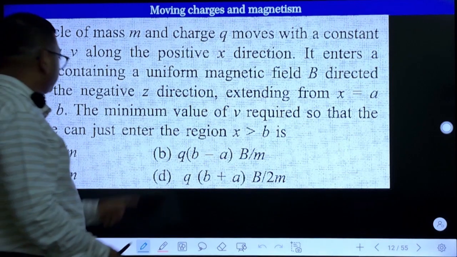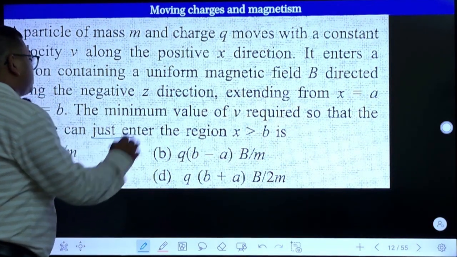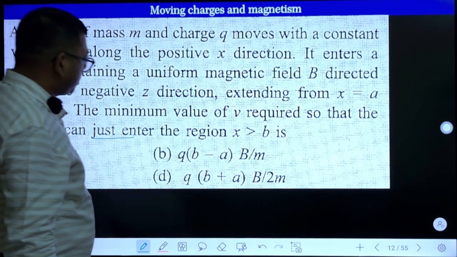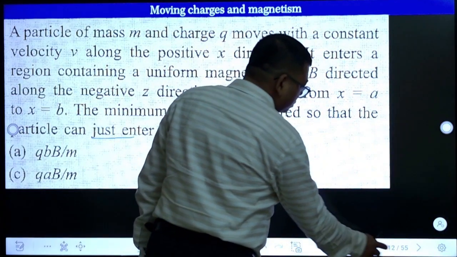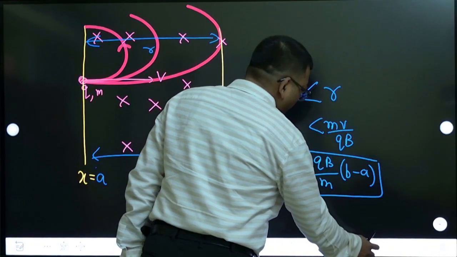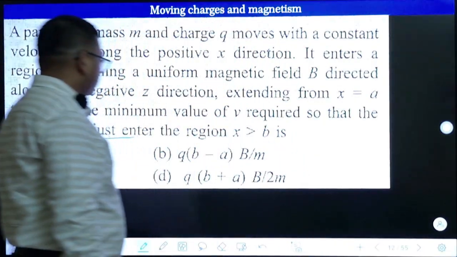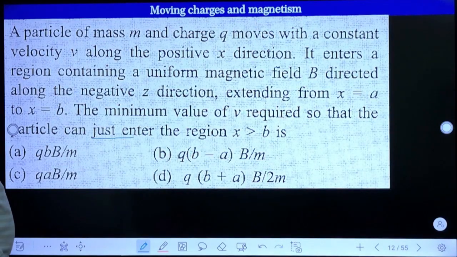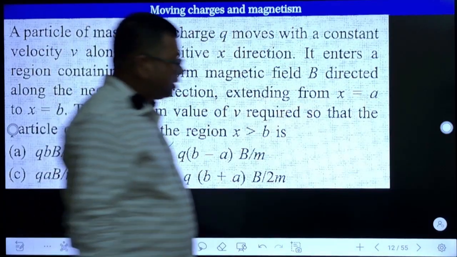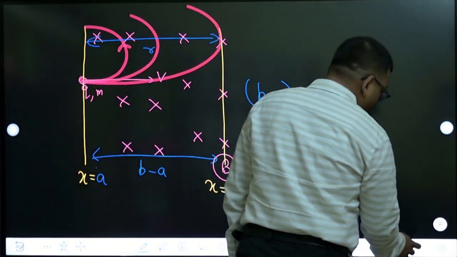Just enters means equality, you can apply. So v equals qB(b minus a) by m. Second option we can go for, right? Let us move to the next problem.